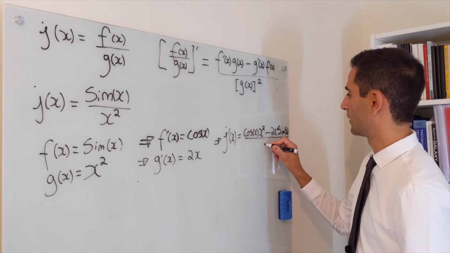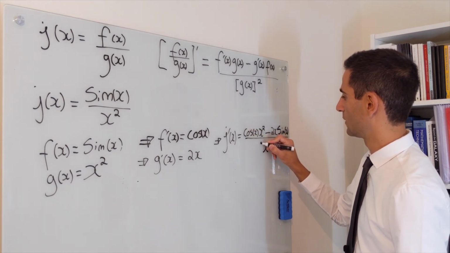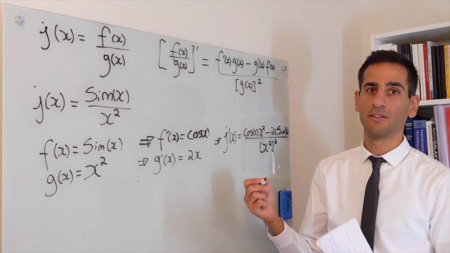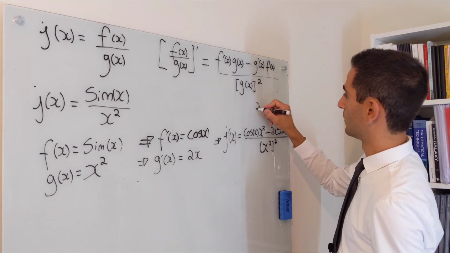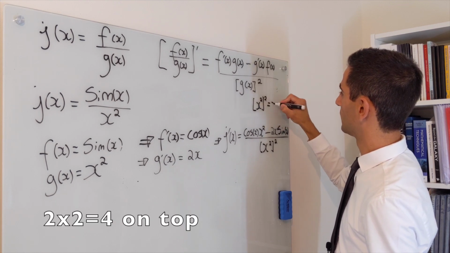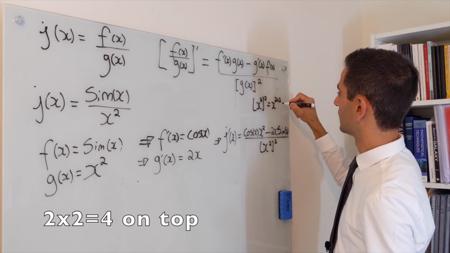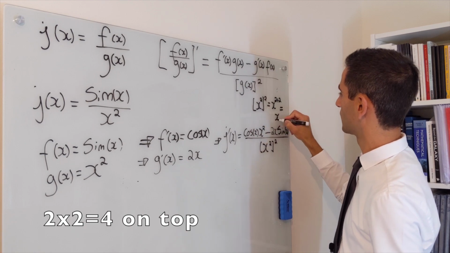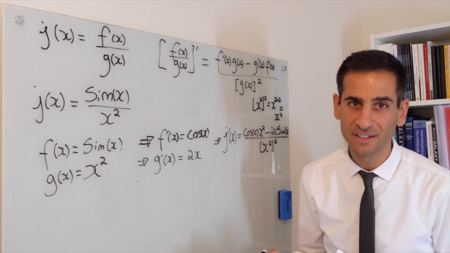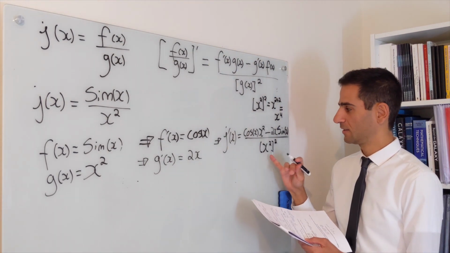And you're dividing by x squared to the power of 2, which will be x to the power of 4. So when you do this, it's the same as this. So you get x to the power of 4.